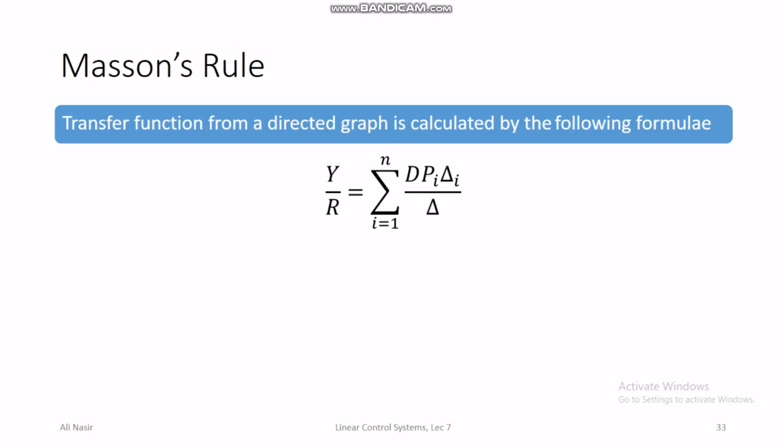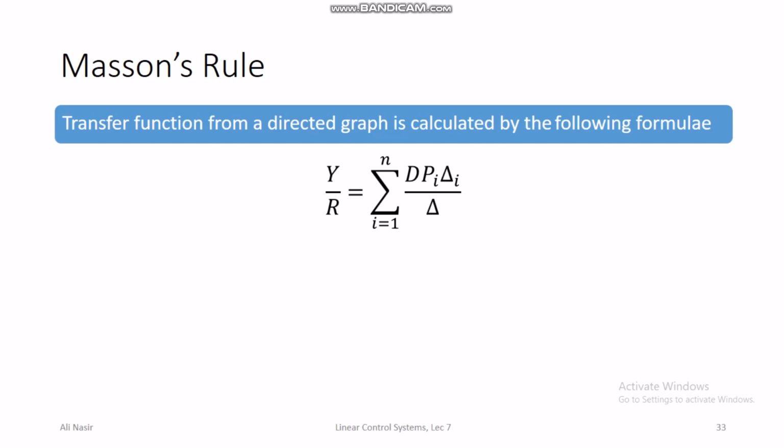If a block diagram has 3 direct paths, then there will be direct path 1 times delta 1 plus direct path 2 times delta 2 plus direct path 3 times delta 3 divided by delta. Now we need to define what is the definition of delta 1, delta 2, delta 3. We already know what direct path is.